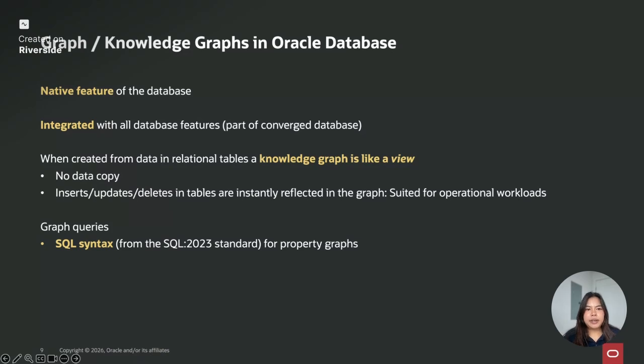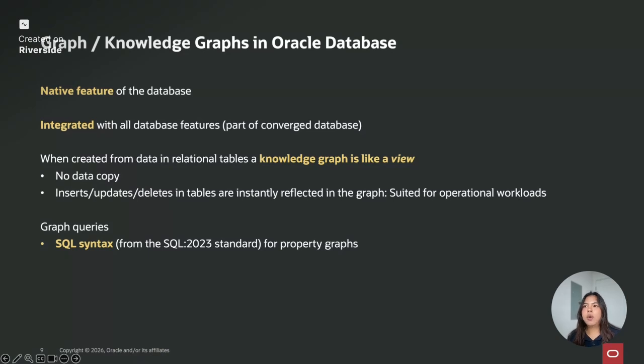When you create a knowledge graph from your relational tables at Oracle, you're not creating a copy of your data. You're creating a view as a table. Every time you insert, update, or delete anything in that table, that is reflected already in your graph. This is really important because, let's say we're trying to stop fraudulent transactions from happening in our account.